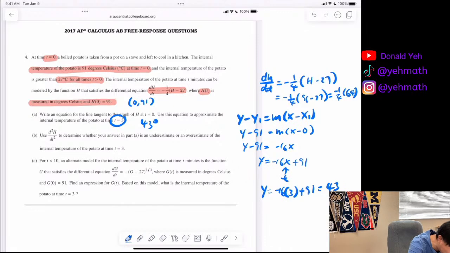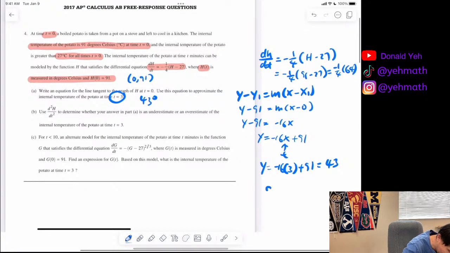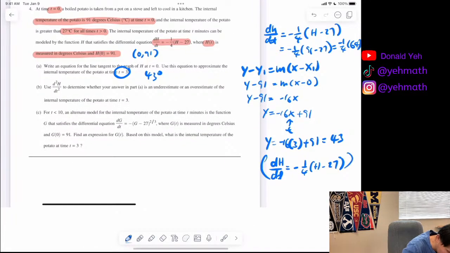Now use d2h/dt2. What happened is you have dh/dt, and that's how you do the implicit derivative. You're gonna do d/dt here. Now for me, I will actually simplify dh/dt here. So that's equal to negative 1/4 h plus 27/4, because after you take a derivative, the constant doesn't really matter. So if I do d/dt here, I'm gonna get d2h/dt2.